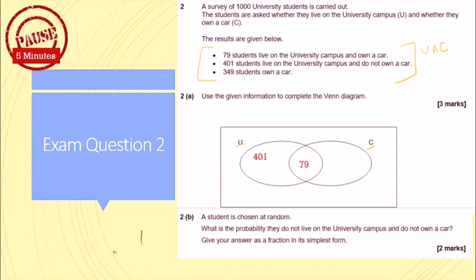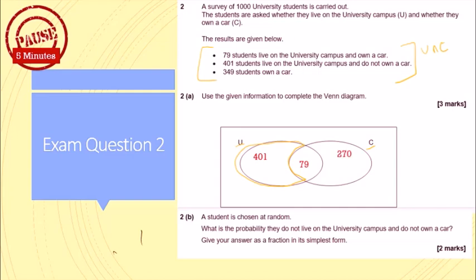Okay, 401 students live on the university campus and do not own a car. That is that part there, because the 79 own a car and live on the university campus, but the 401 represents those who live on the university campus but do not own a car.